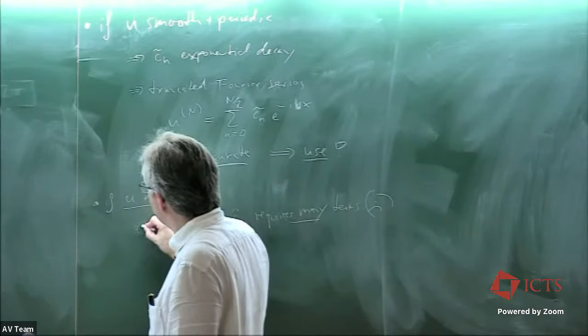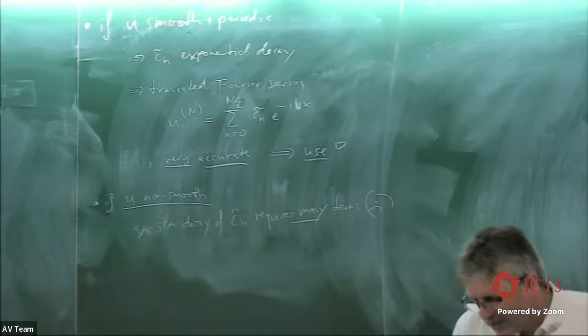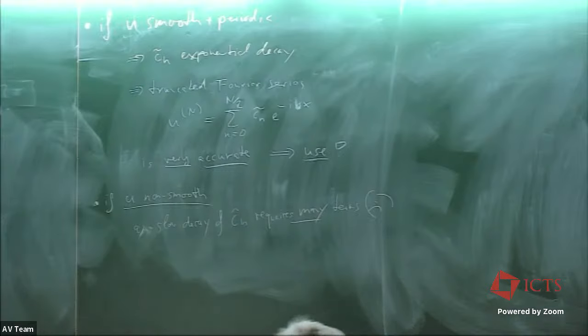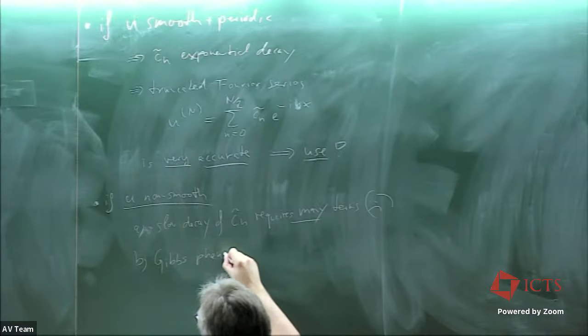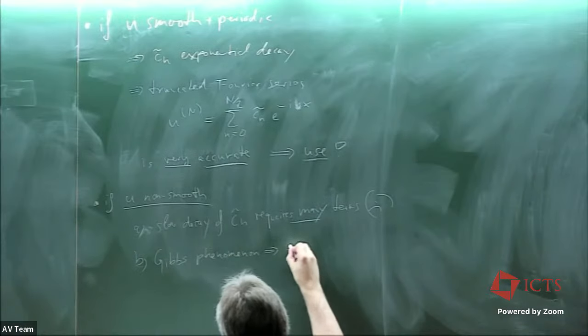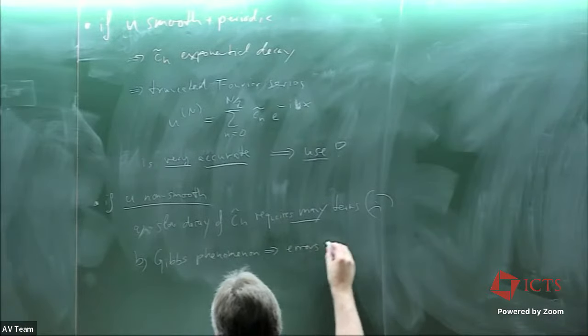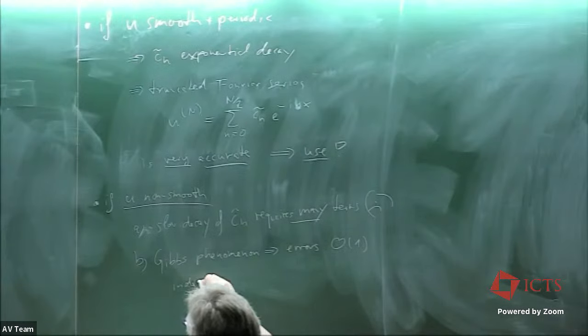So this isn't a good case to be in, but perhaps even worse, you run into something that's called Gibbs phenomenon. And that gives you errors of order 1, independent of how many terms you keep.